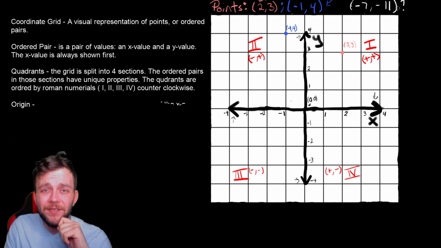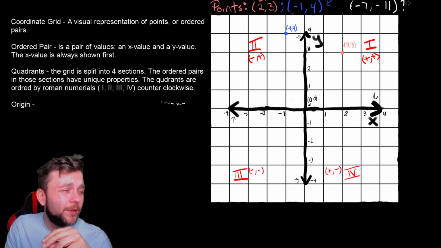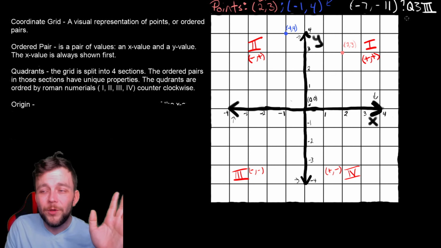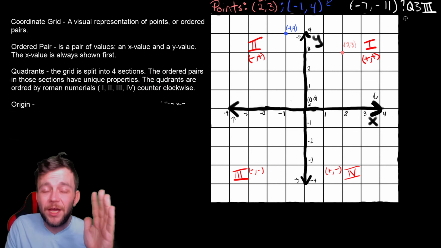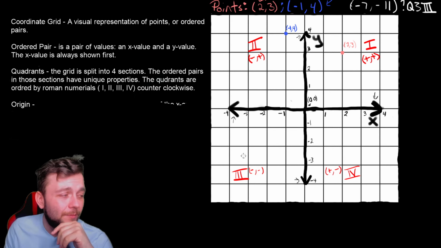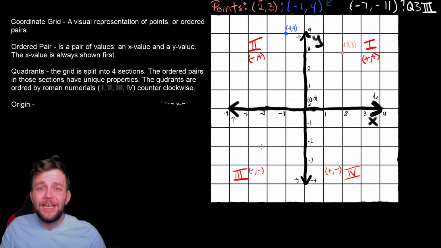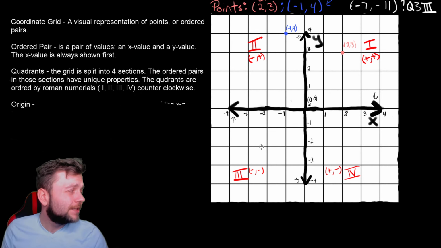Well, -7 and -11 would be in quadrant 3. We could put a Q3, or we'll just do our Roman numerals way up in the corner. Boom, we have our quadrant 3. I know where it's at. I can't graph it on my graph that I have because I don't have room, right? My graph didn't expand out that far, but I have an idea of where it is.